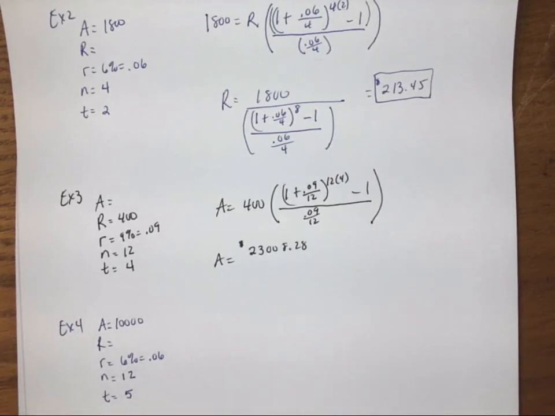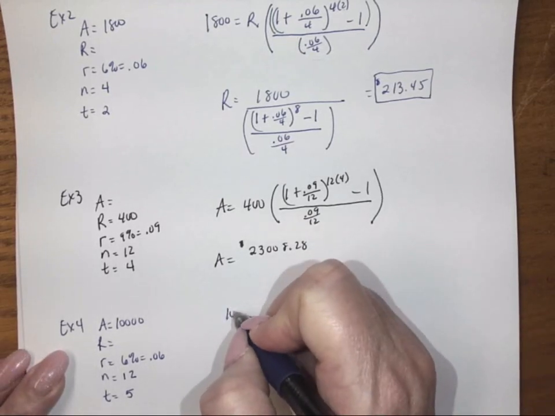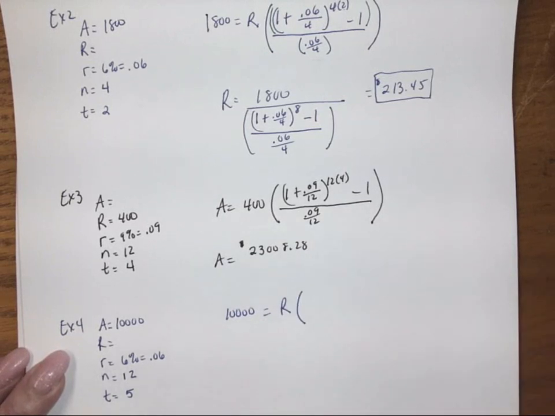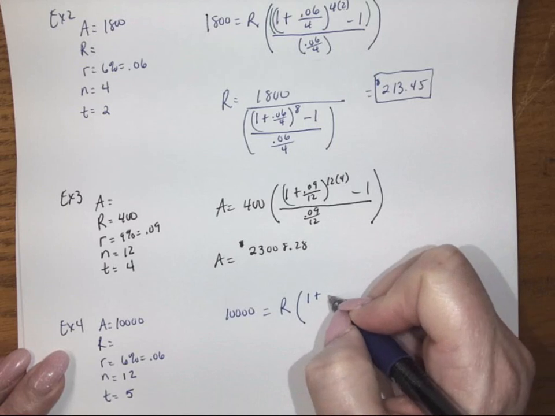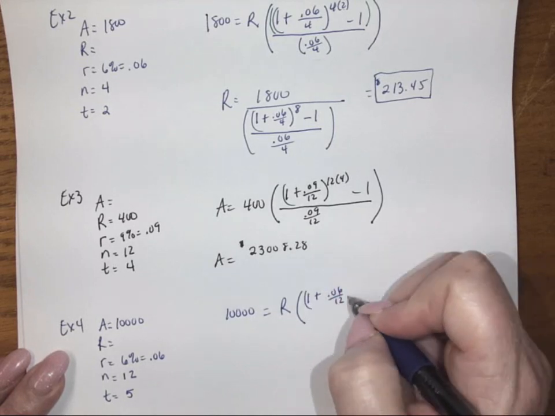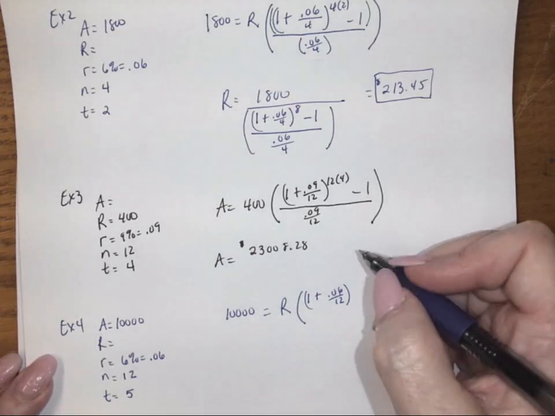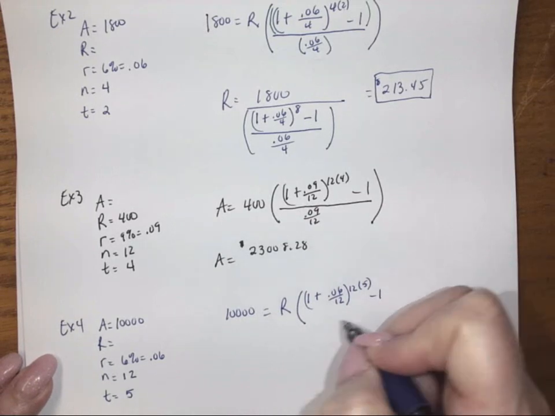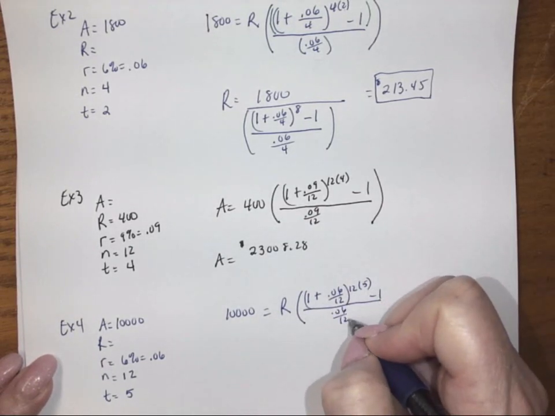So we're starting again with the same formula. So our 10,000 is equal to our R times 1 plus 0.06 divided by 12 raised to the 12 times 5, minus 1, all over 0.06 divided by 12.